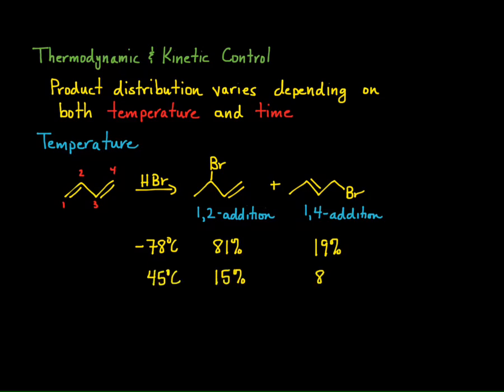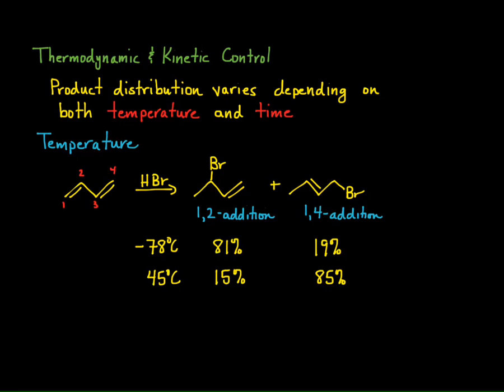And when I heat this up to 45 degrees, now I almost get the complete opposite product distribution. As a matter of fact, it's been shown that as you slowly increase the temperature, the 1,2 addition becomes less and less and less, right? So this is kind of an interesting phenomenon. We're going to think about why this is happening.